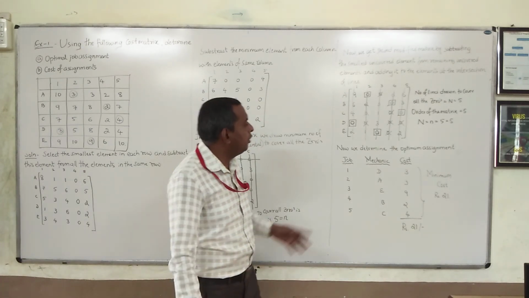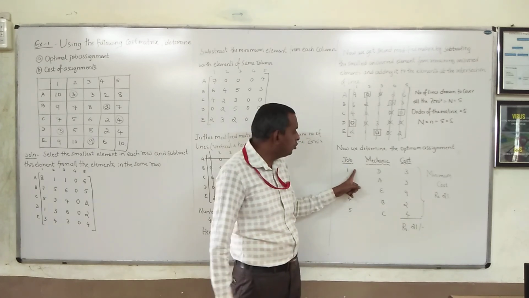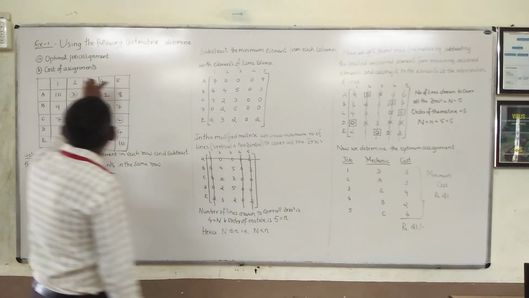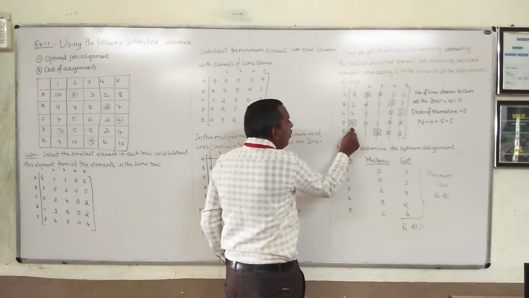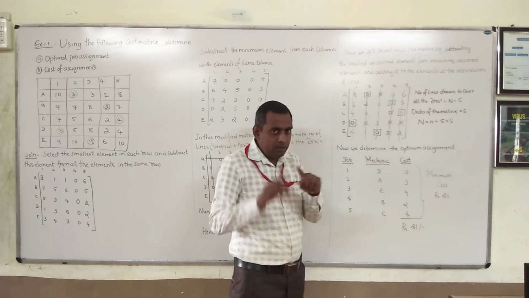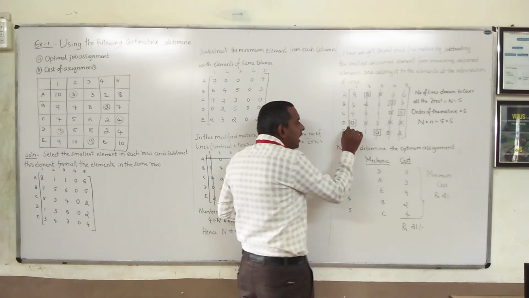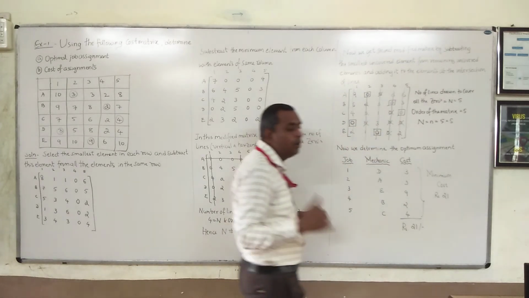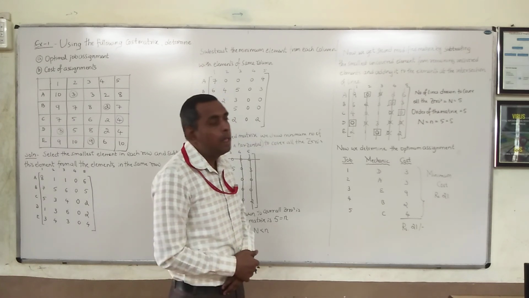So in optimal assignment, we now determine the optimal assignment. This is how we are supposed to write job, mechanic and cost. Jobs are 1, 2, 3, 4, and so on. Here is how we are supposed to do the assignment: square the zero and make sure that the other zeros in that particular row and in that particular column are crossed off, so that no future assignments are done in that row and column.